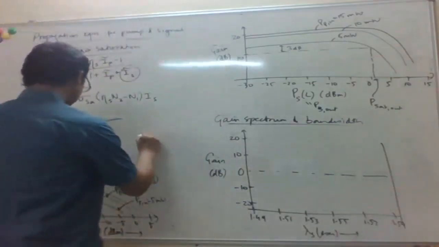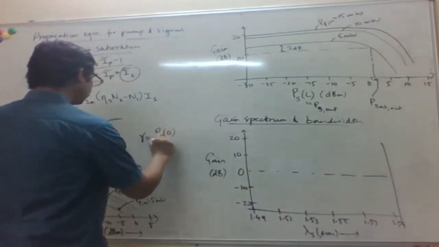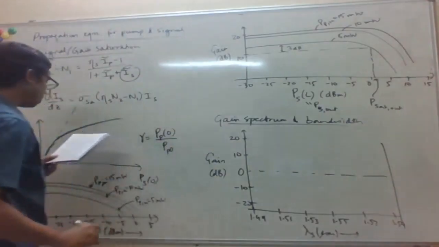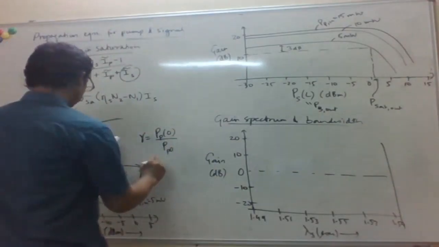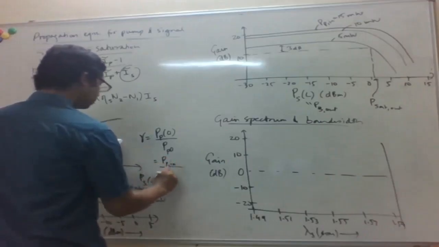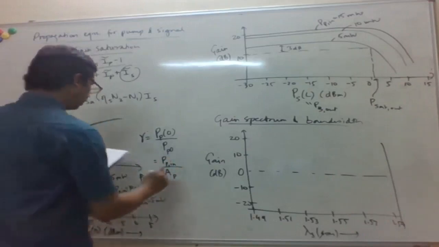Okay, so we define this parameter, the normalized pump power, which is the input pump power divided by PP naught. This is basically the input pump power divided by the mode area at the pump.